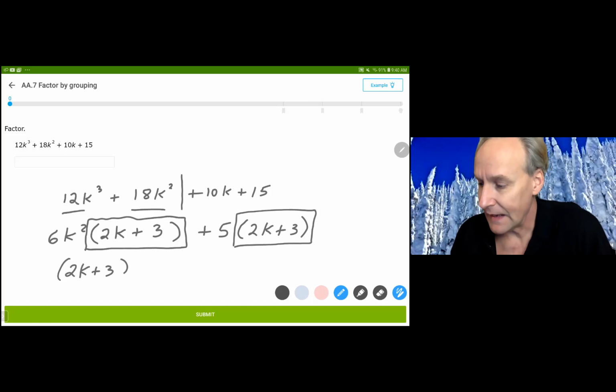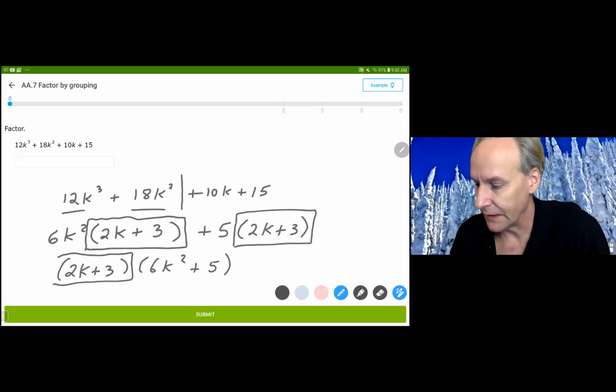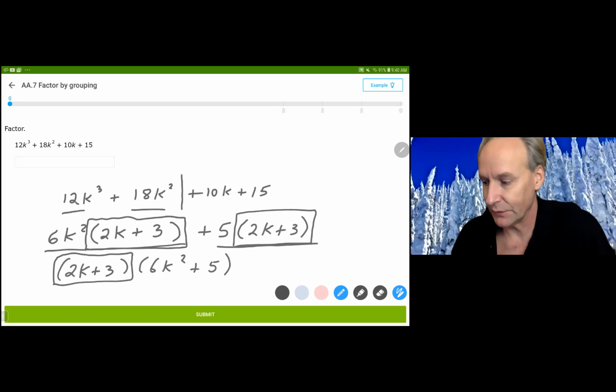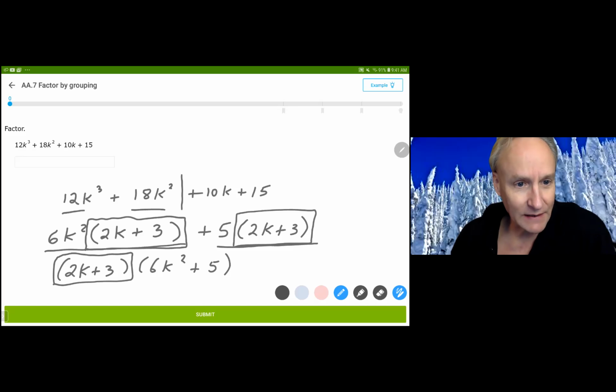And what's left is just the 6k squared plus 5. Notice this was what I took out of both terms. This is one big multiplication, and this is one big multiplication. And so I took the 2k plus 3 out of it. So hopefully that's clear, and those are my factors.